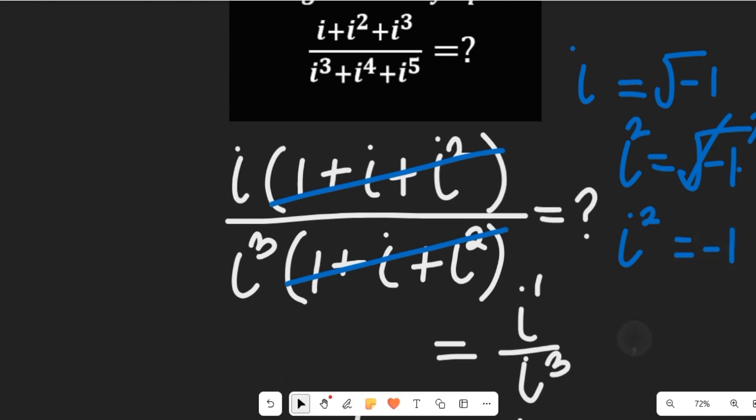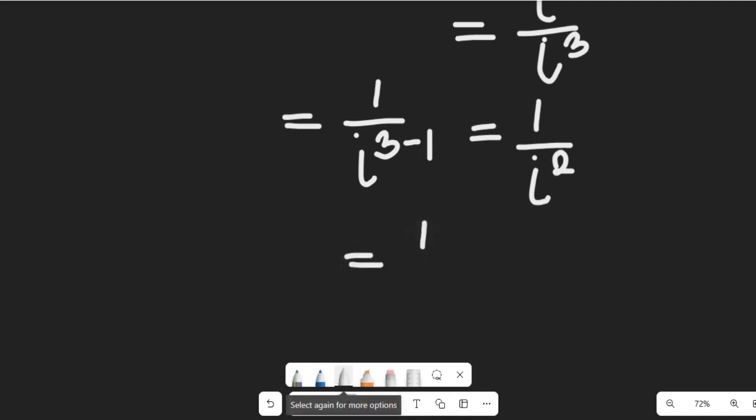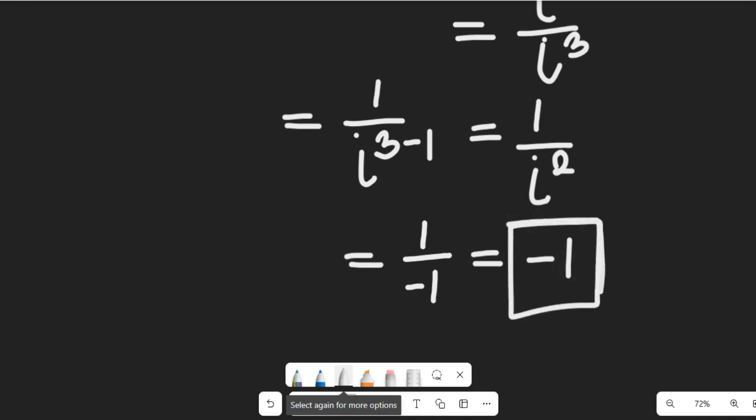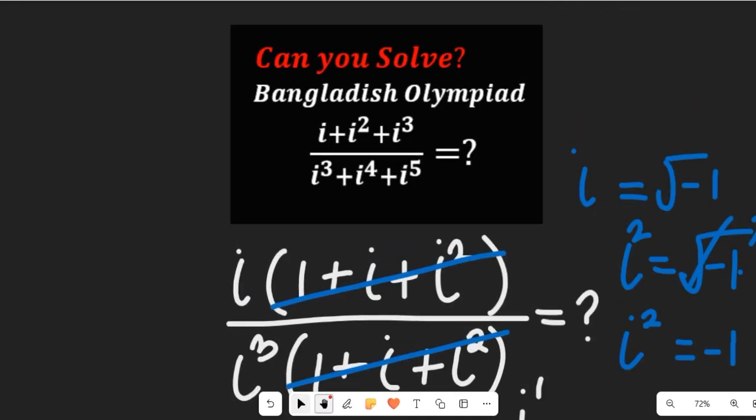So that tells us that i² is simply equal to -1. So this expression will now be 1 divided by i², which is -1, and 1 divided by -1 is simply -1, and that is the solution to this math expression given to us here.